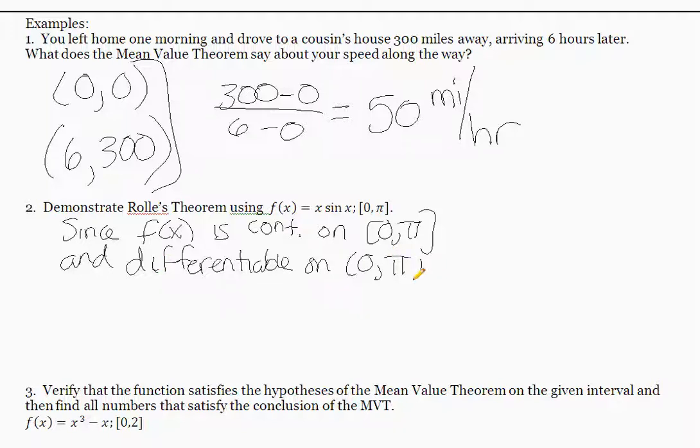Okay, so you have to say that first. And what? f of a equals f of b. So find f of 0 and find f of pi.